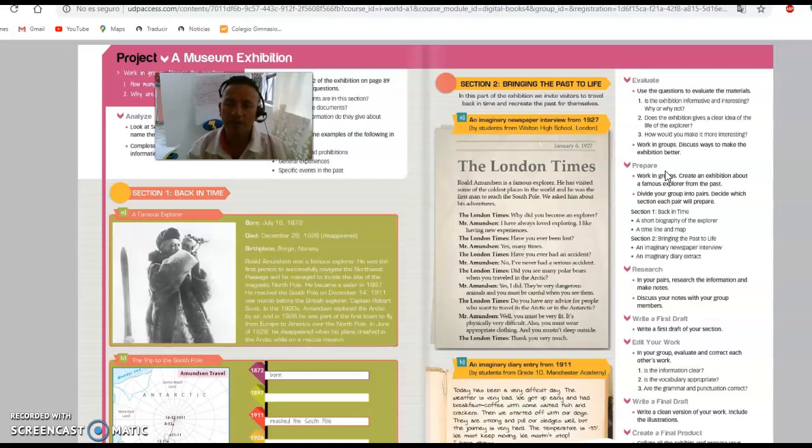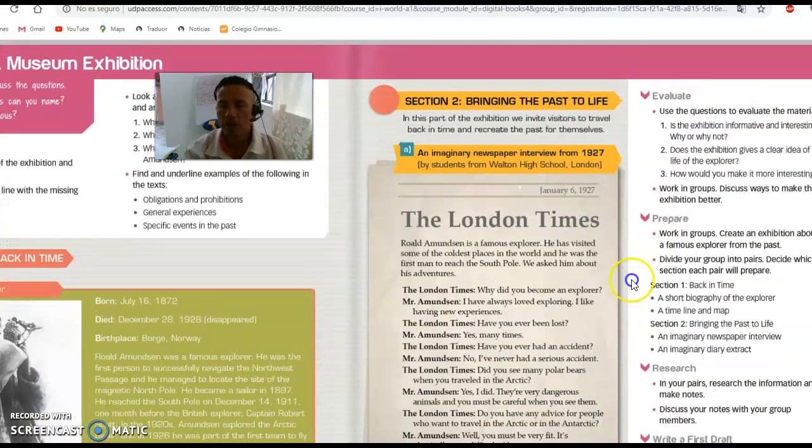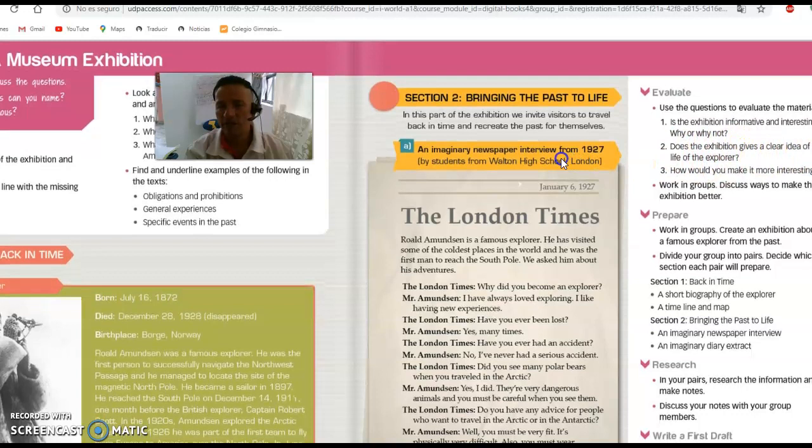For example, evaluate. Here it says use the questions to evaluate the materials in the exhibition. Is it informative and interesting, why and why not? Does the exhibition give a clear idea of the life of the explorer? How would you make it more interesting?